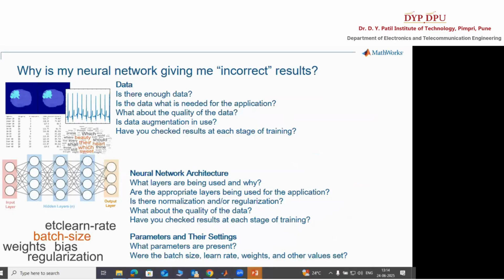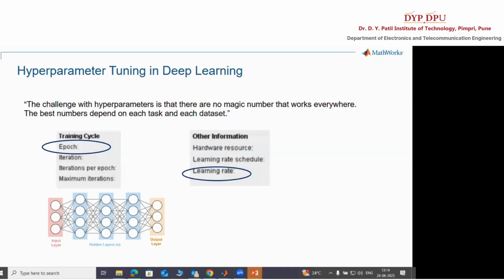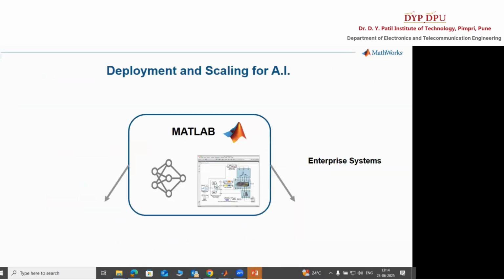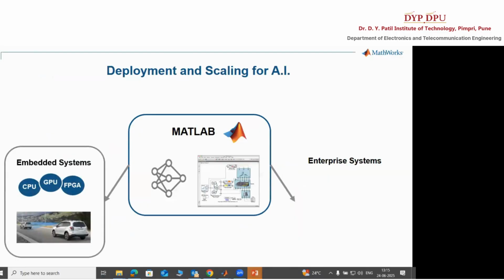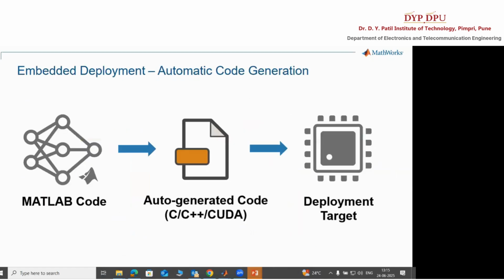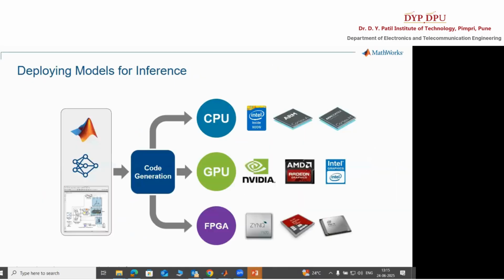Then you have data, neural networks and all the things, patch size, how to train the model, how to calculate the learning rate. Then you have hyperparameter tuning, and deployment to embedded systems and enterprise systems. From MATLAB code you can generate C/C++ code, and then target hardware, depending upon your target hardware, you can generate code.